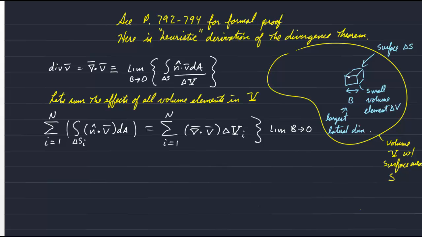Okay, so let's look at the left-hand side of this equation. So the left-hand side is again the sum of delta S1 of n hat dot V dA plus delta S2 of that same integral all the way out to delta Sn of that integral.